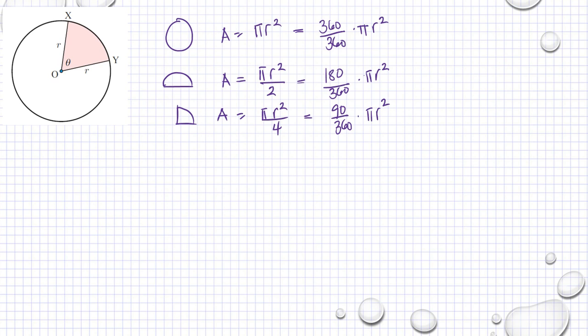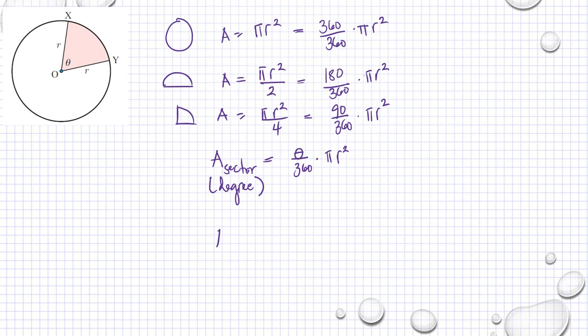So the area of any sector, with C, is theta divided by 360 multiplied by pi r squared. This is again in degree measure.